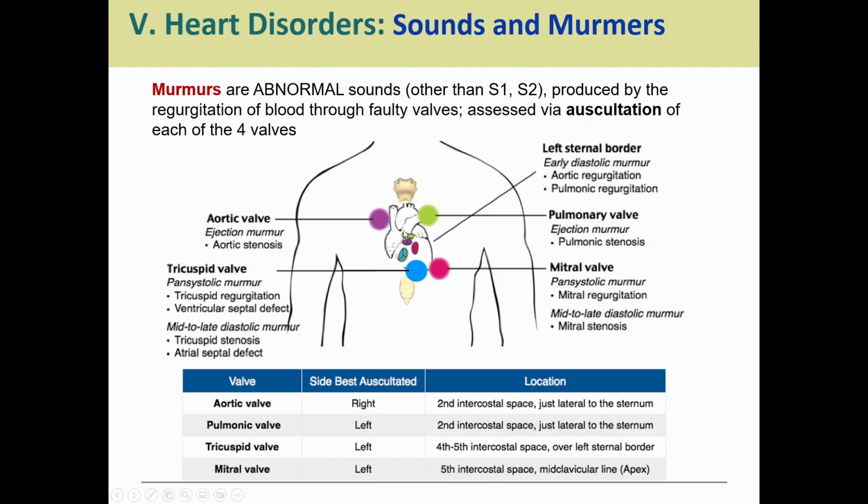We can hear the pulmonary semilunar valve by listening here. The tricuspid, the right atrioventricular valve, is right here, and then the mitral or bicuspid valve, right, is going to be on the left side right here. So that's kind of where we would listen for those. Most of them are going to be more left, with the aortic valve being the one listened to on the most right side.